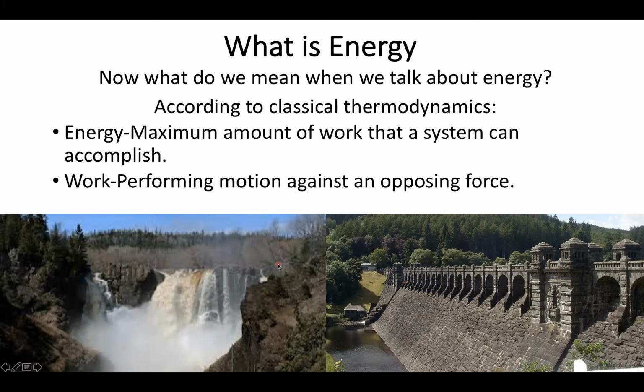So in this system, my water's doing no work. In this system, it's accomplishing some work. However, both of these systems can have the same energy. So work is going to depend upon what exact conditions you're operating against.